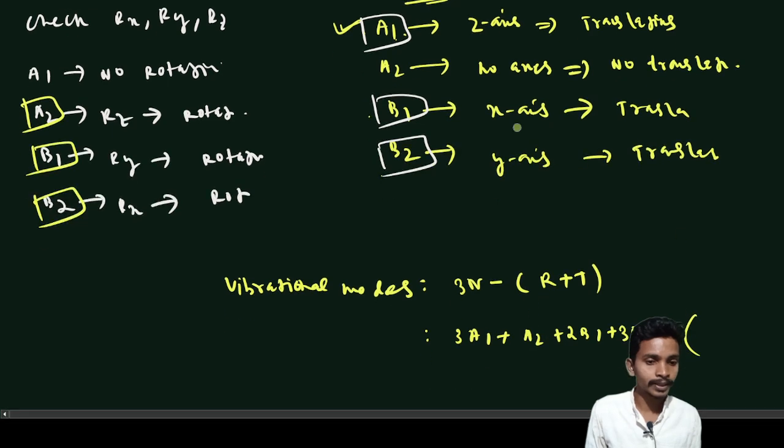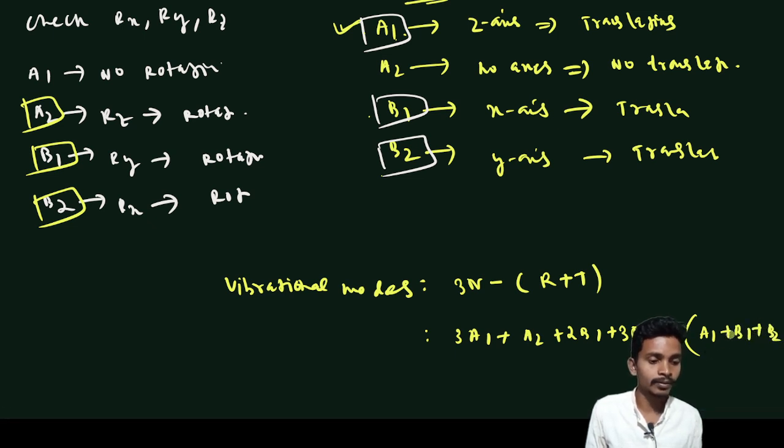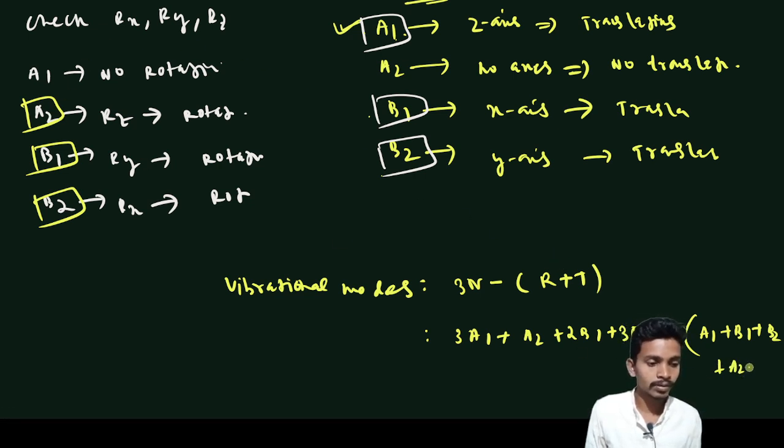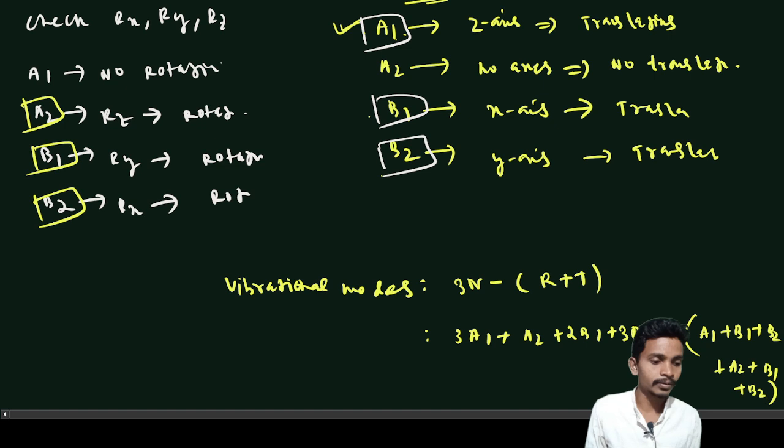We write single: that is A1 plus A2 plus B1 plus B2.